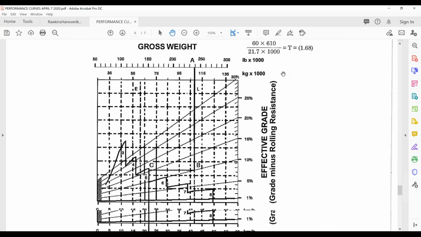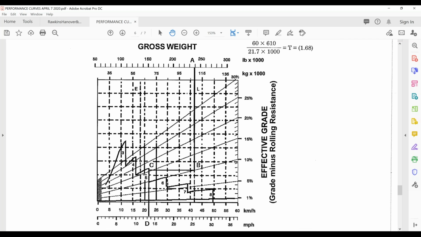So now we're going to look up our retarder values. So here's our retarder curve. We're going to come in at our loaded weight, which is here for this particular piece of equipment. And you obviously would use the retarder curve for the proper equipment. The first one we want to look at is section 1, and section 1 was at 5% effective slope.